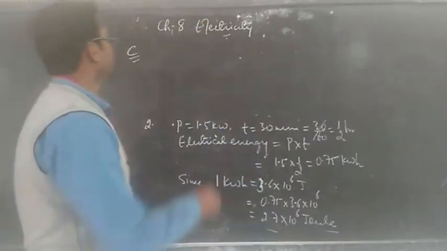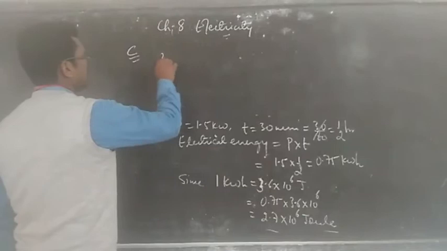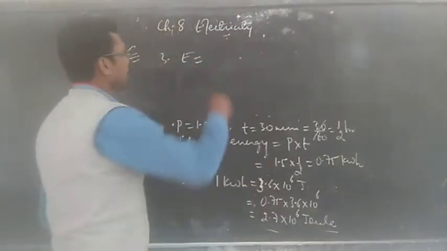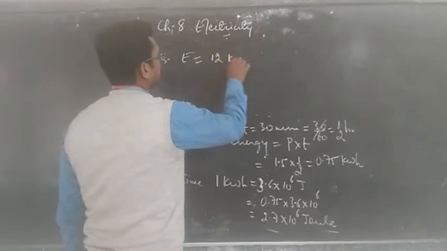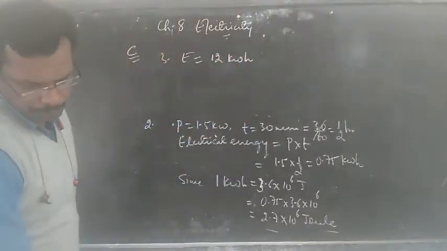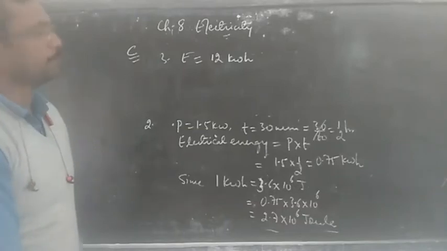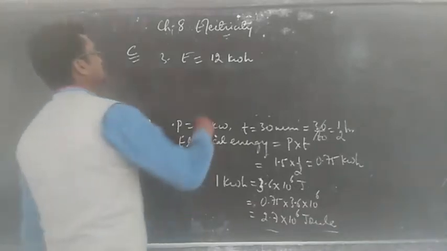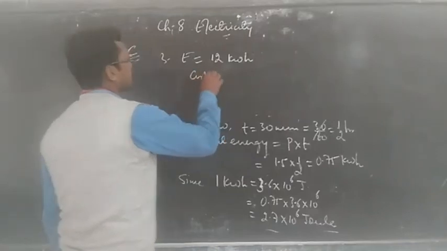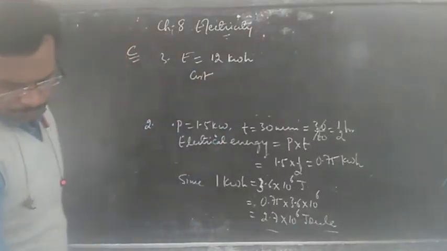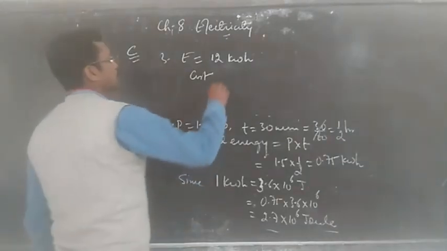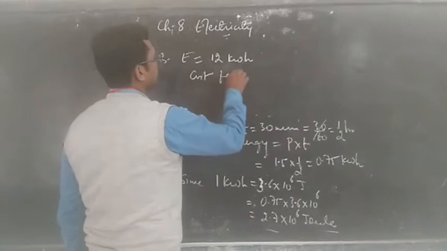So here the electrical energy consumption is equal to 12 kilowatt hour and the cost per unit is 6.25. We have to find out the cost for 30 days.